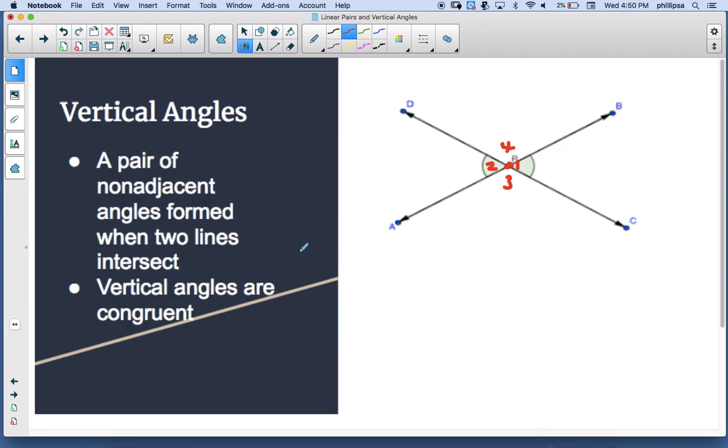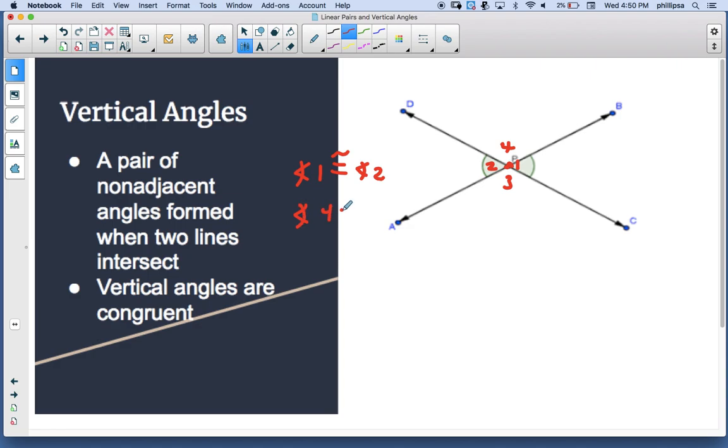Now, the relationship of a vertical angle pair is that they are congruent. So I know that angle 1 is congruent to angle 2 here, and the other pair is as well.